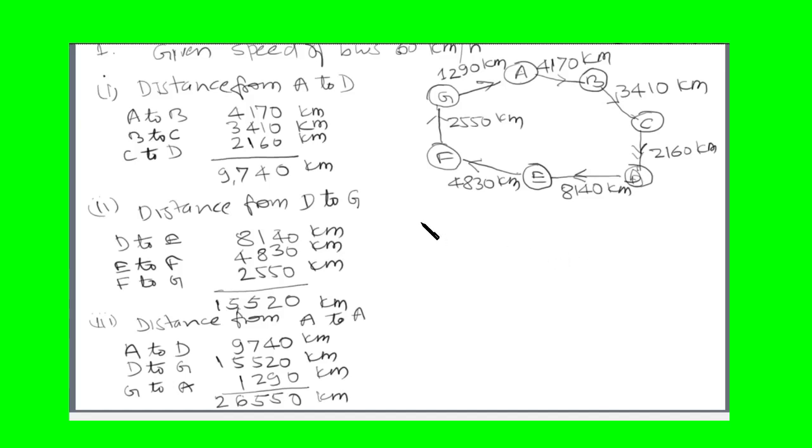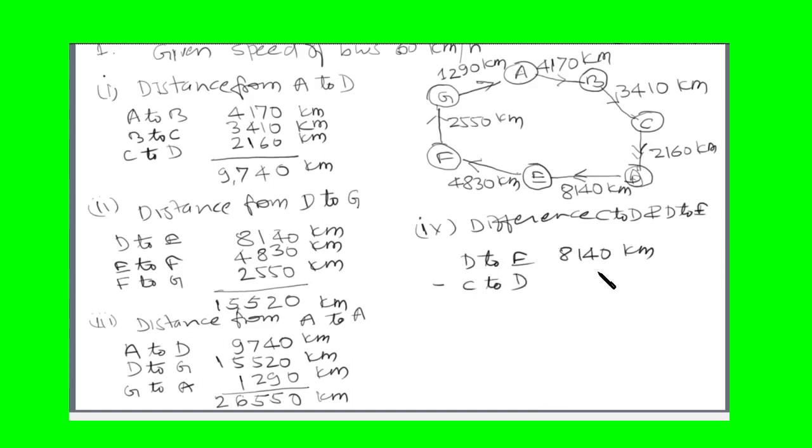So fourth question, difference of C to D and D to E. D to E is 8,140 kilometer minus C to D 2,160 kilometer, and the answer is 5,980 kilometer.